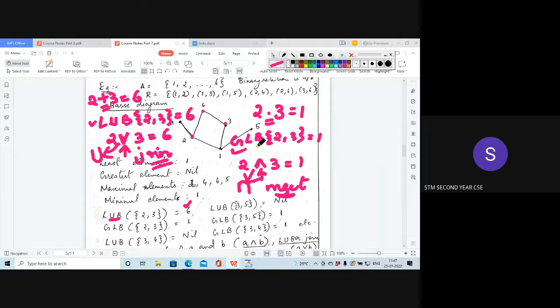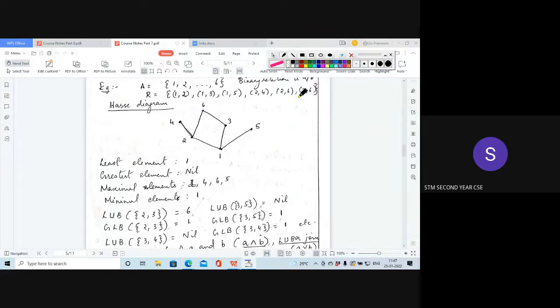So a lattice can be considered as an algebraic system consisting of a partially ordered set A and two operations, meet and join, which can be written as dot and plus, or intersection and union.